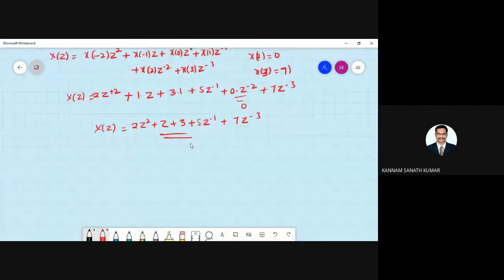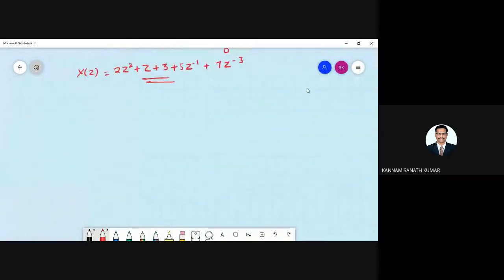One more problem before we go for the next problem. x of n equal to (1/2)^n u[n] minus 2^n u[-n-1].